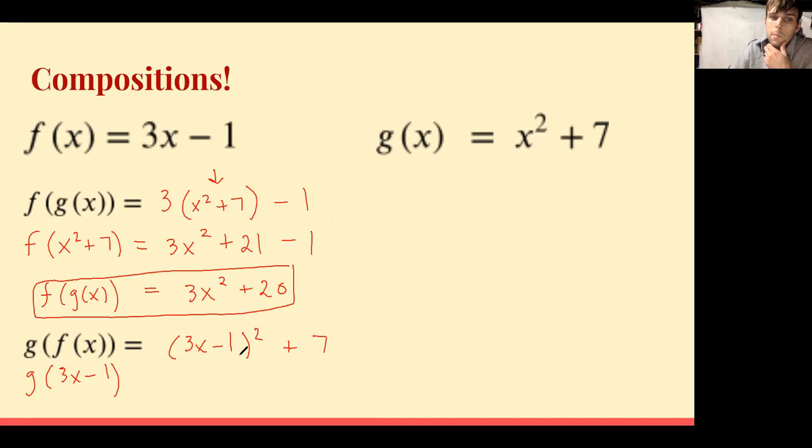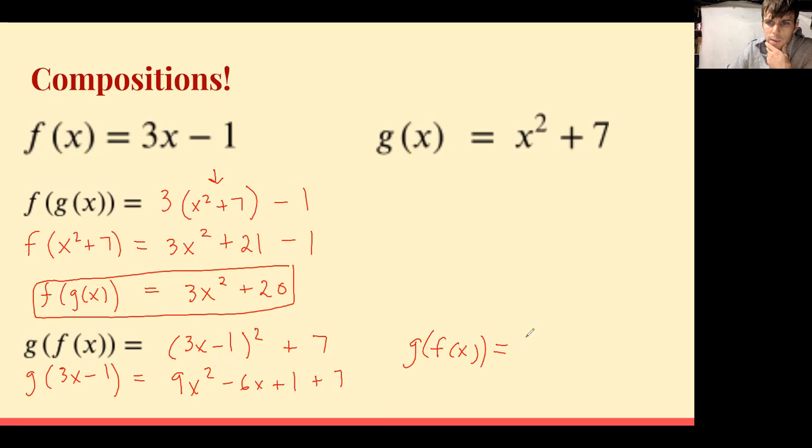So then I need to go ahead and multiply that out. That would be 9x squared minus 6x plus 1 plus 7. So similar but different. It's still a quadratic, but we're getting a different overall answer here. So that's what I mean by it's important about the order of our composition.